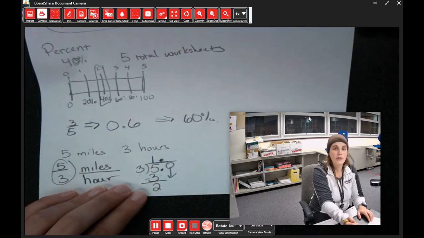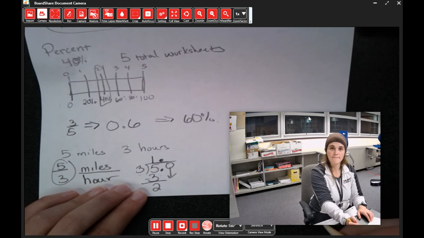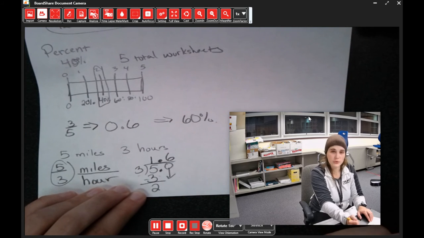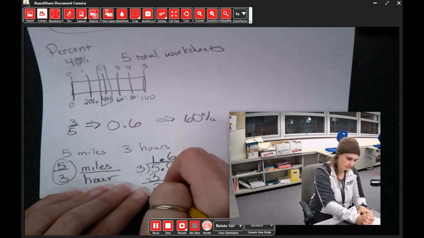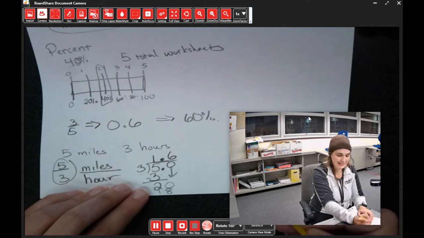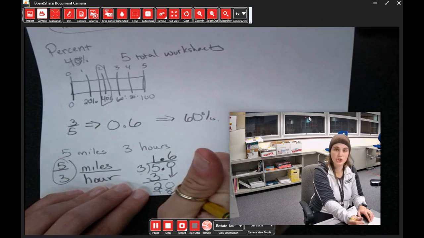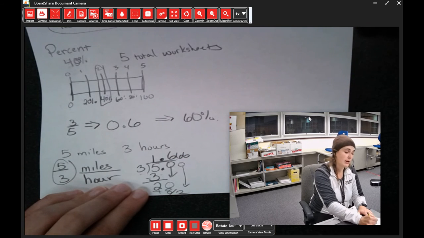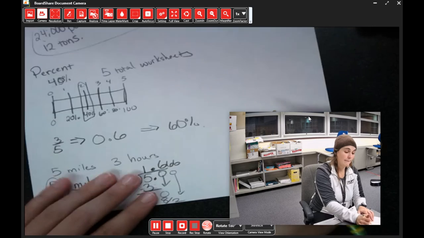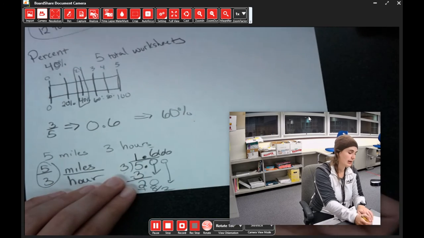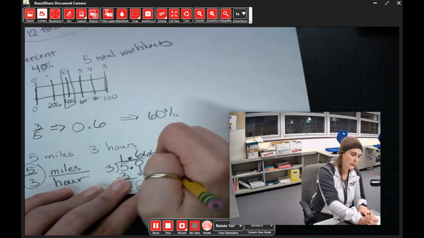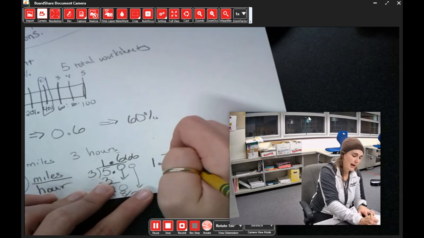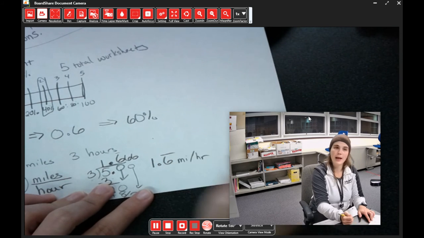Bring it down. 3 goes into 20 6 times. 6 times 3 is 18. 20 minus 18 is 2, which tells me this is going to go on forever. So I'm going to use my line tool, and I am going to say my rate is 1.6 repeating miles per hour.